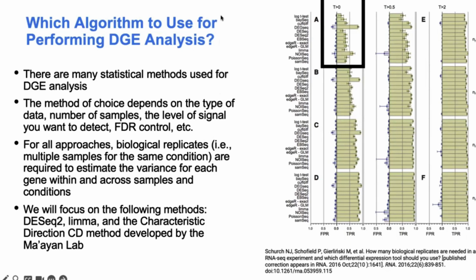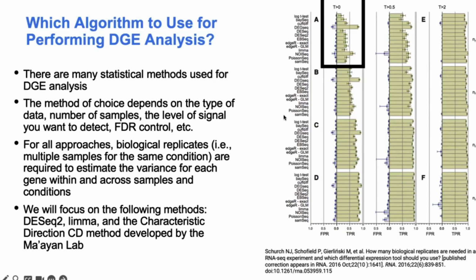And you can see if you want to pick up on these genes that may not be very strongly differentially expressed, so they have small log fold changes, most of these methods at this limited sample size can only detect these positives at 50%, so a 50% true positive rate at most. And that essentially just means that less than half of the truly significant genes are being marked as differentially expressed under these analysis conditions. So for most researchers, that might not be quite good enough.